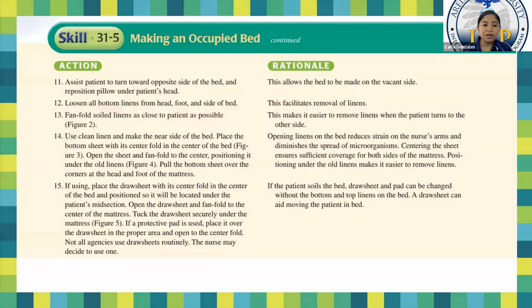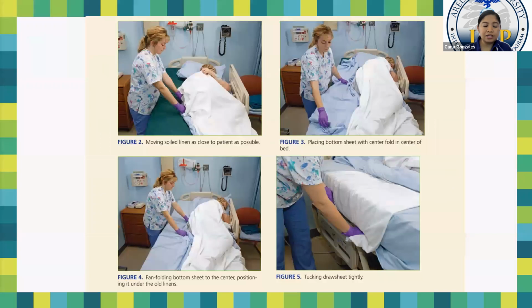So when you are already placing each of the top sheets, you use the technique of fan folding. So when we say fan folding, you know yung paper na fan, you know how it is folded. So it's like that.